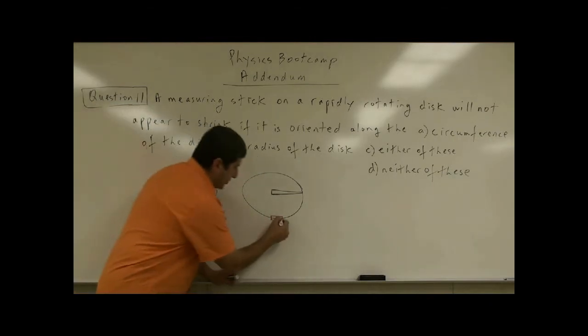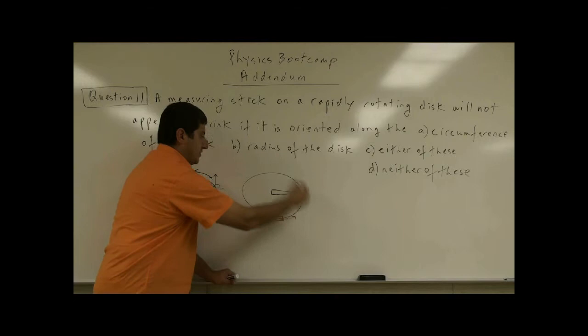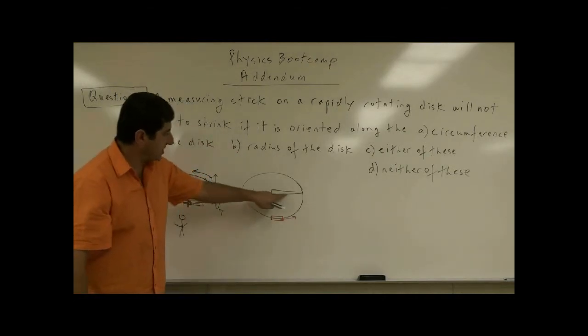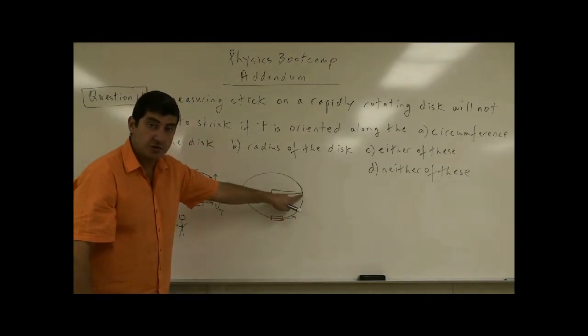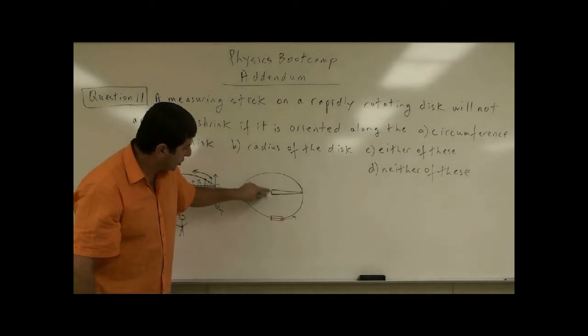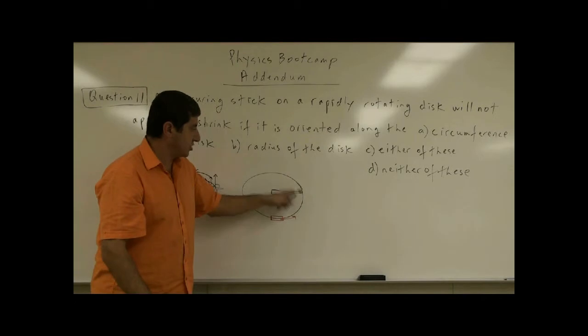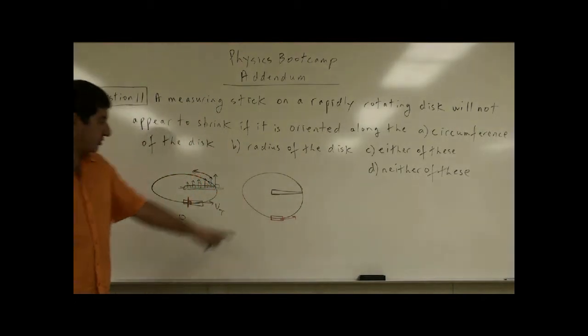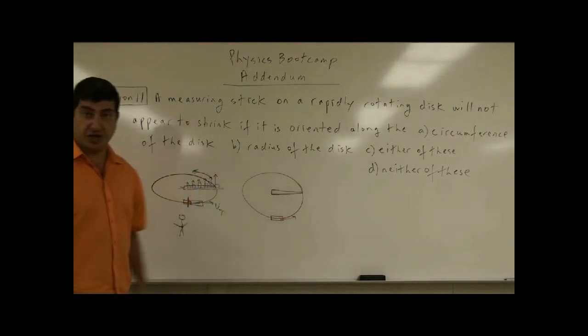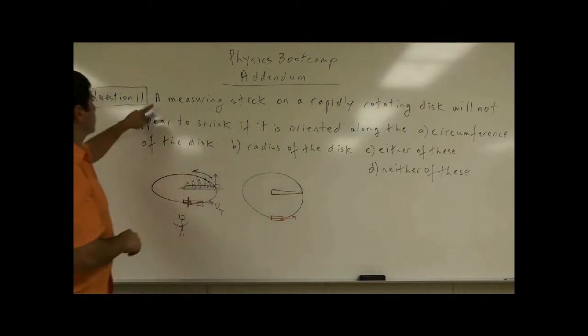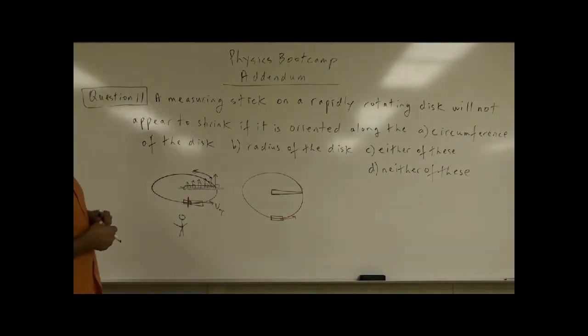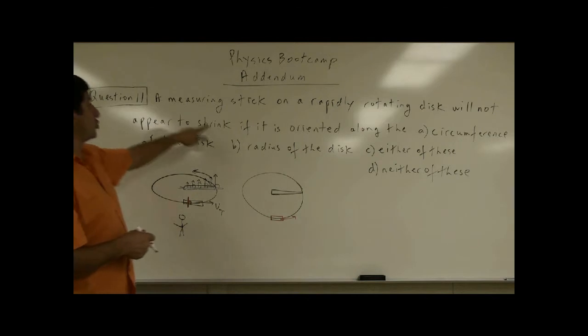So it will go this way on the disc. If you put it from the center radially outward to the edge, the initial width won't change, and then as you go along, the width is going to decrease and decrease. But the length will not change. So in this case, it says a measuring stick on a rapidly rotating disc will not appear to shrink.